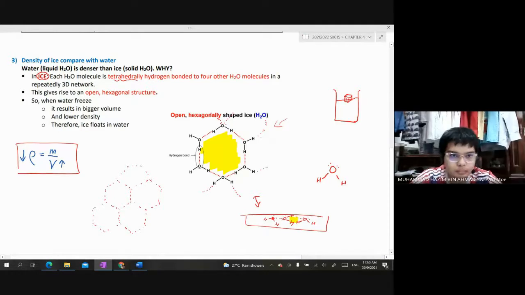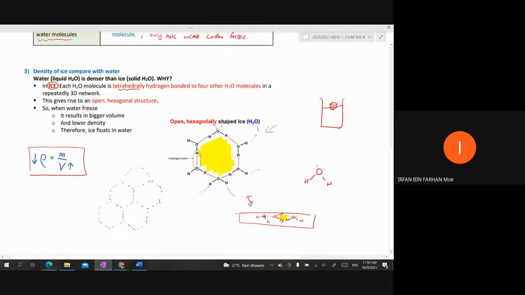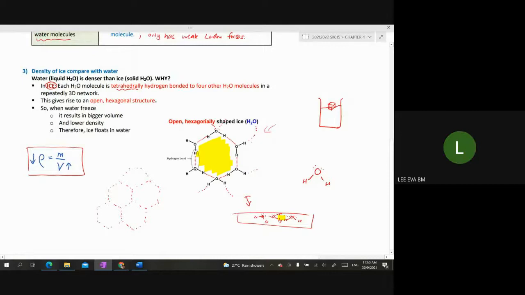Yes, madam. So, yang Madam highlightkan dalam warna merah tu, boleh fahamkan lepas tu dekat sini. Bigger volume, lower density, ice float. Okay. Any question for density of water, density of ice?